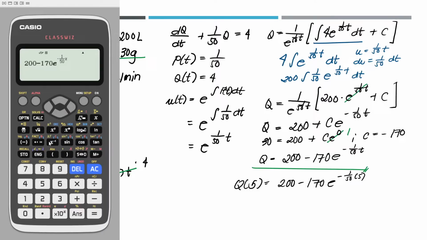We press calc, and it asks for the value of x, so of course we put 5, then equals. We have 46.178 grams. So Q is equal to 46.178 grams.